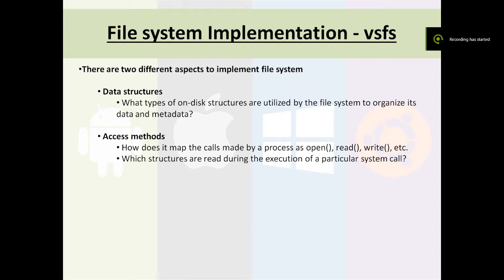Now there is a great deal of flexibility we have when building a file system, and as a result many different ones have been built. But they generally have two main aspects. The first is the data structure of a file system. In other words, it is what types of on-disk structures are utilized by the file system to organize its data and metadata.